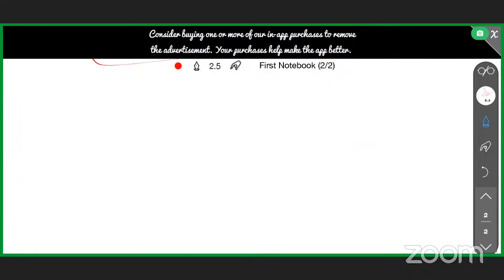Okay, next question. P(a, 0) and Q(minus a, 0) are 2 points, and R is a variable point.